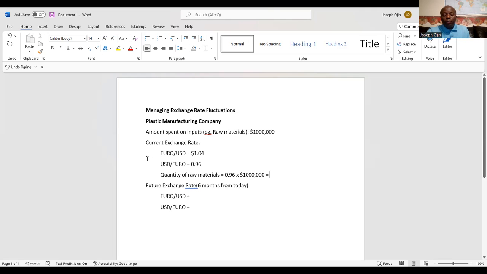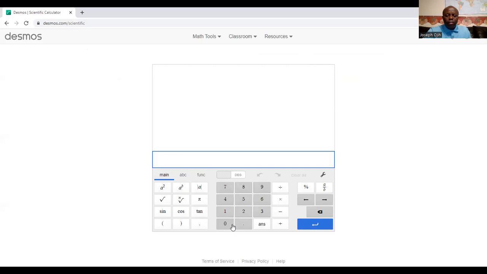So that'll give you 960,000 euros worth of raw materials.